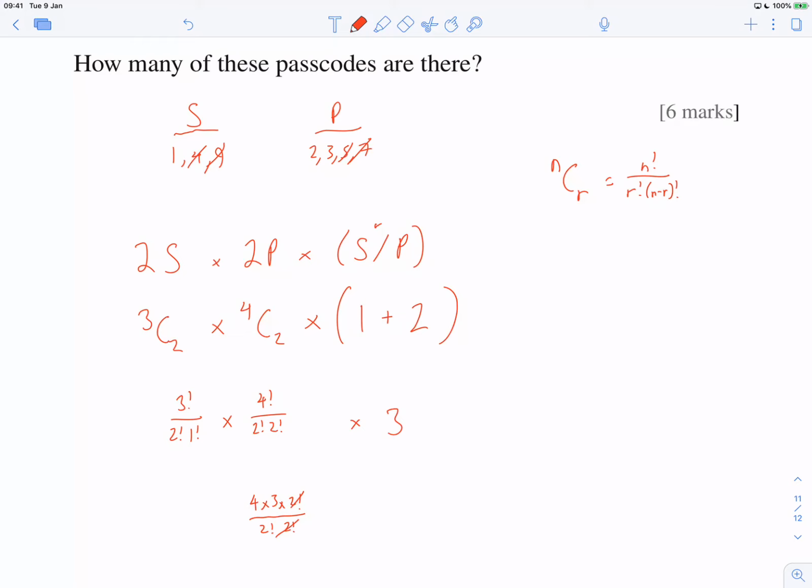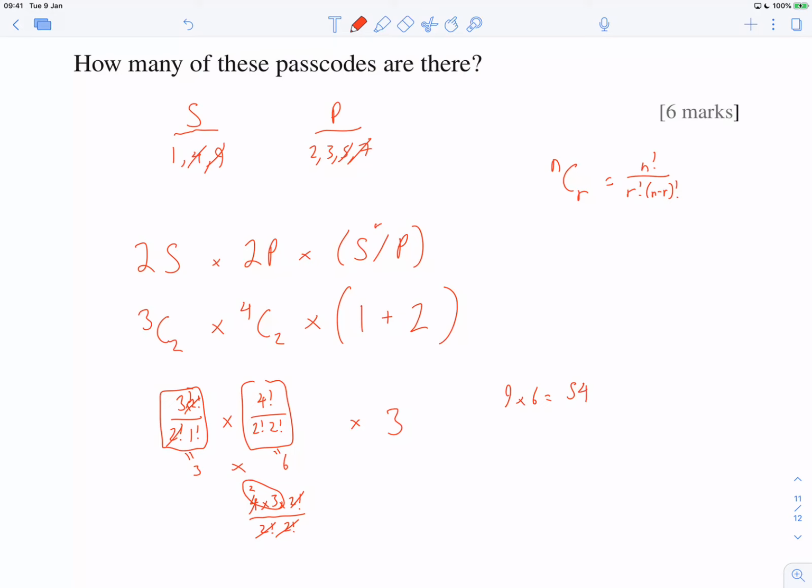So that 2 and that 2 is going to cancel, and that 2 is going to cross out with the 4 to make a 2. So I've got a 2 times 3 here. So this whole term here looks to be a 6. And then 3 choose 2, I believe this term is going to be a 3, because I've got 3 times 2 factorial on the top. That's what 3 factorial is, so that and that will cancel. And 3 over 1 factorial is just 3. So it looks like I've got 3 times 6 times 3, which is 9 times 6, which is 54.